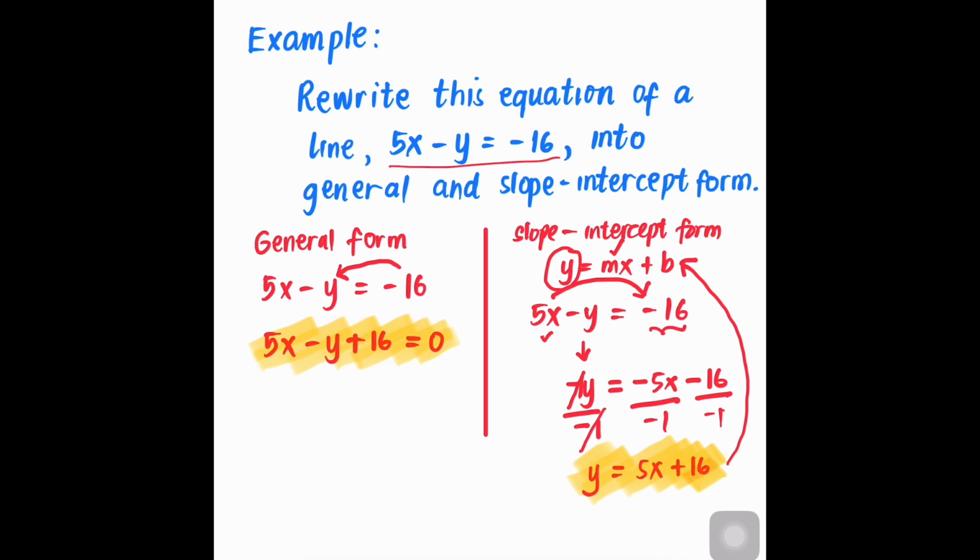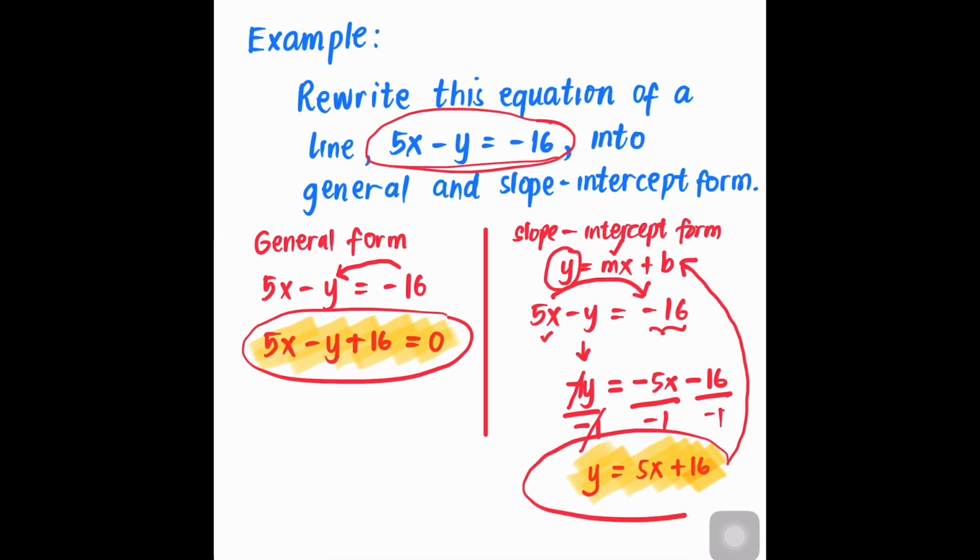Now, maybe you're asking, we have 3 different equations in here. You have the standard form that's originally given, and we rewrote it to general form and slope-intercept form. Now, what does this tell us?